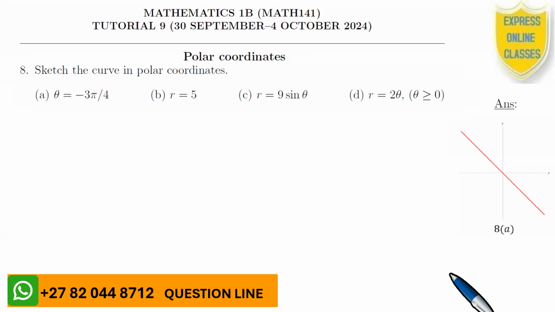To sketch, this one is an angle. So how do we sketch an angle and what does an angle represent? That is something that you need to think about.